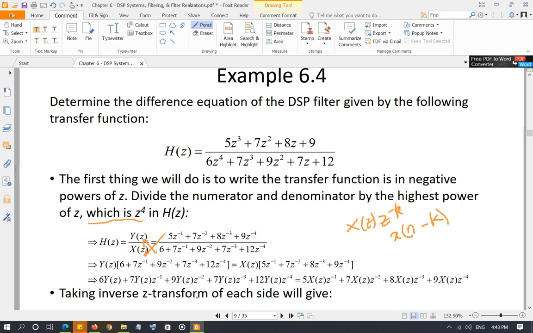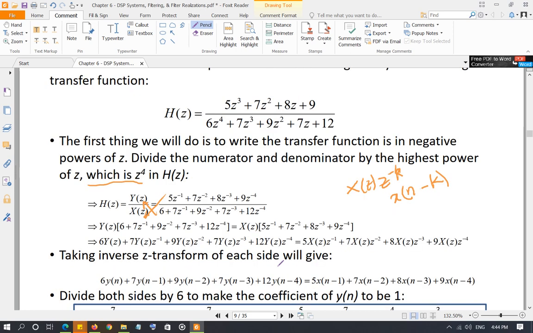So that's what we do over here. We first multiply Y of z with all of this, X of z with all of this, and then we distribute it, and then we take the inverse z transform, and we get 6y of n, 7y of n minus 1, 9y of n minus 2, 7y of n minus 3, and so on and so forth.